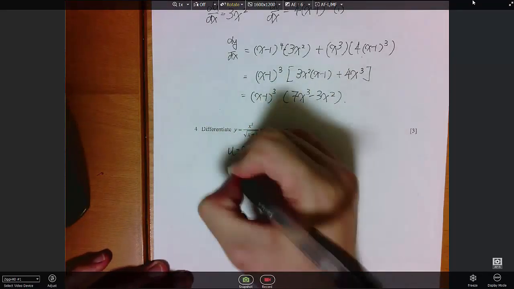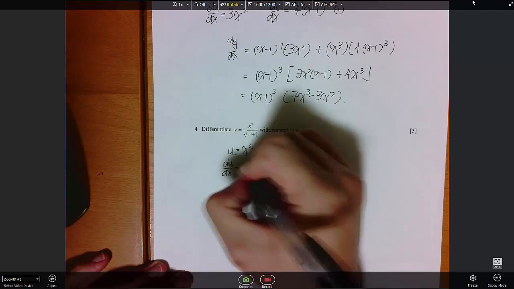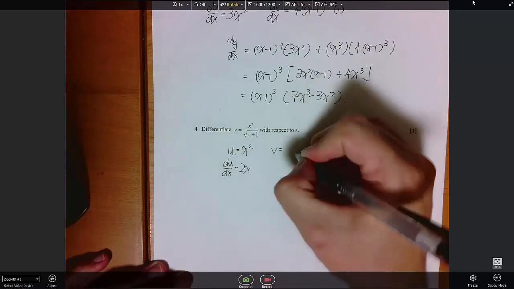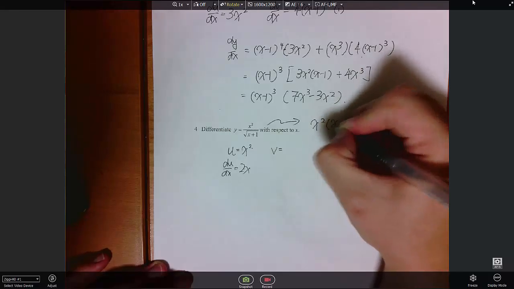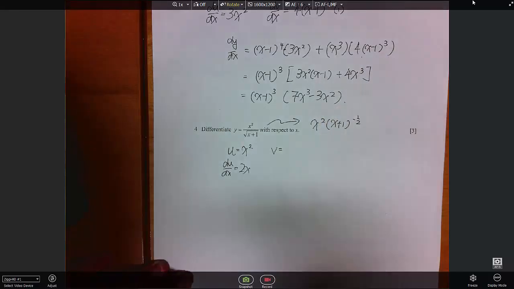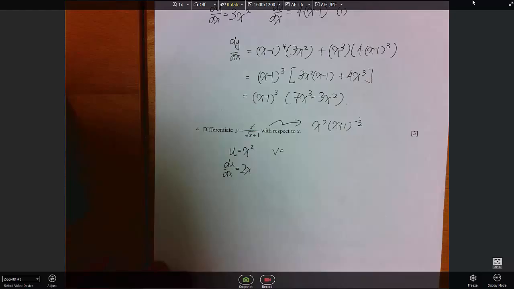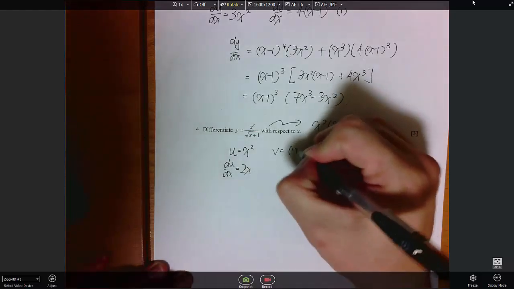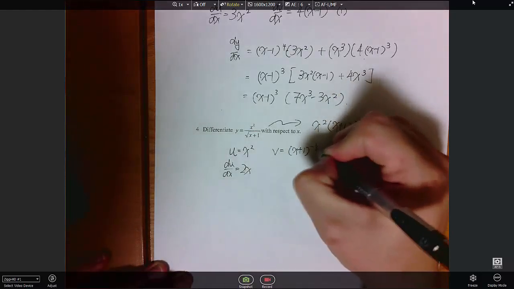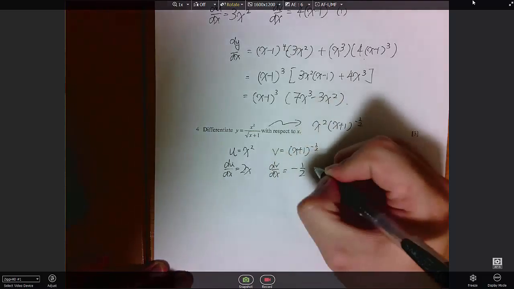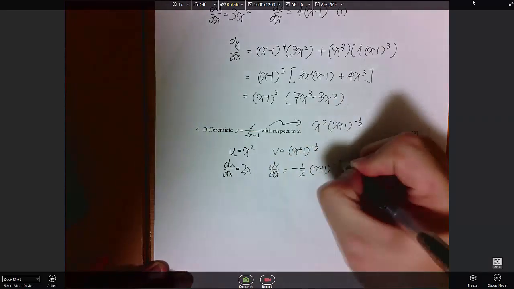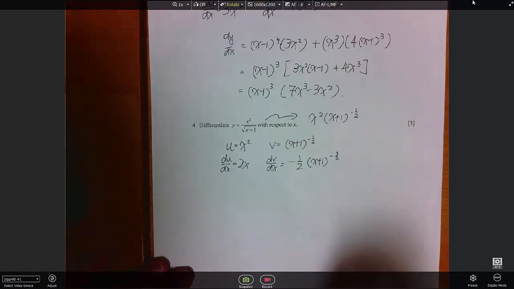So u is x squared, du dx is 2x. v is, okay, this one we can write as x squared times x plus 1 to the power of negative half, u times v. So v is x plus 1 to the power of negative half. Differentiating v with respect to x, you get negative half times x plus 1 to the power of negative 3 over 2.